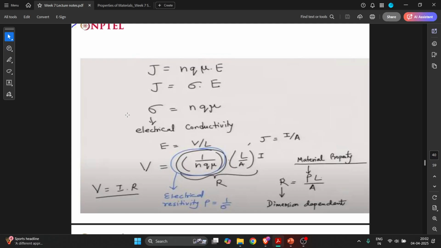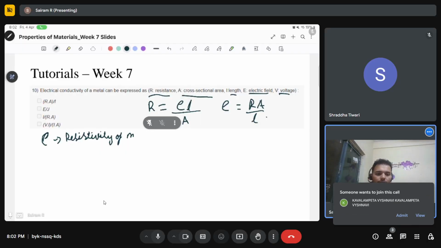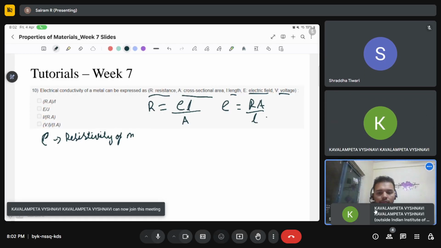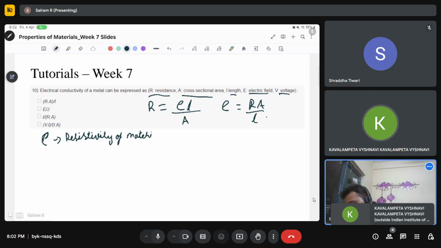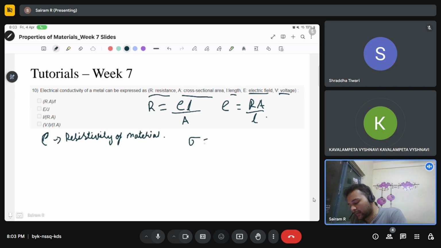And rho is the resistivity of a material. Resistivity of a material. And we know the conductivity equals 1 by rho, right?